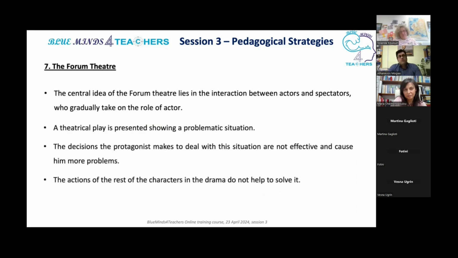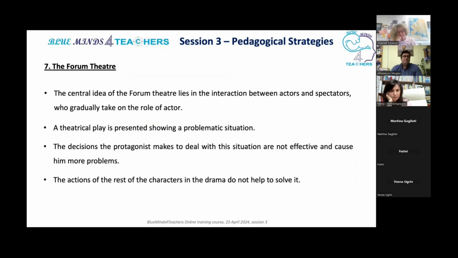Now we are moving to the so-called forum theater. I'm not sure that many of us have seen or have heard about this kind of strategy. It's not a new one, but it's not used frequently, at least in education.